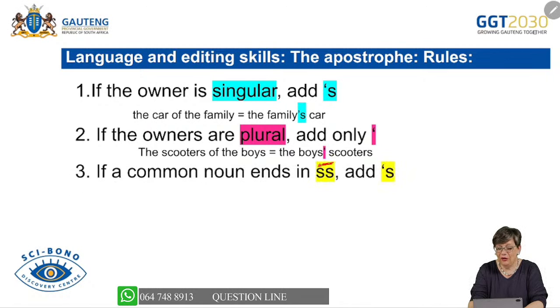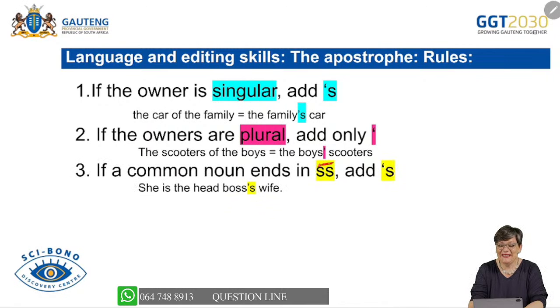If your noun ends in a double S, then we'll add apostrophe plus an S. She is the head boss's wife. Now, remember, it works back to this one. Remember, singular, we add apostrophe s. And a boss is singular. And that's why it's given apostrophe s.